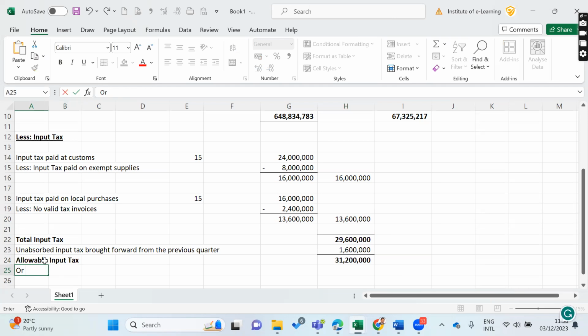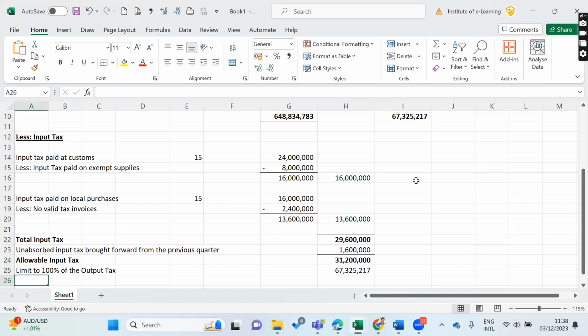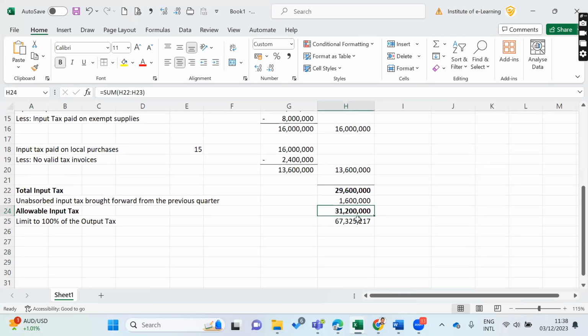Can we consider the entire 31 million, or is there a 100% restriction, a limitation to 100% of the output tax? In the sense, output is how much? Here, this. Then you have to compare these two.